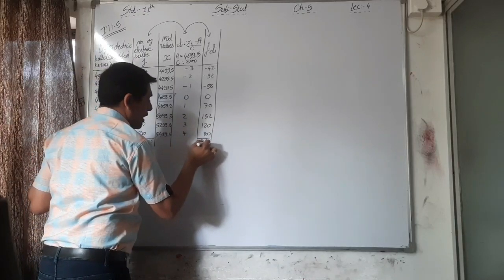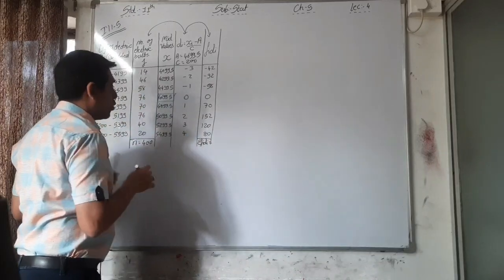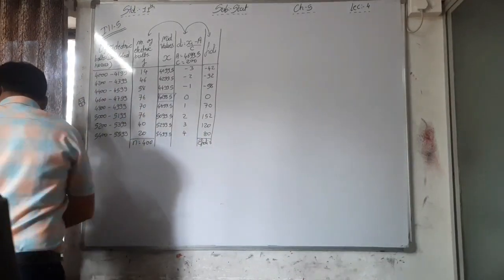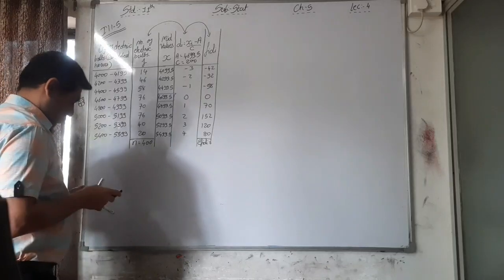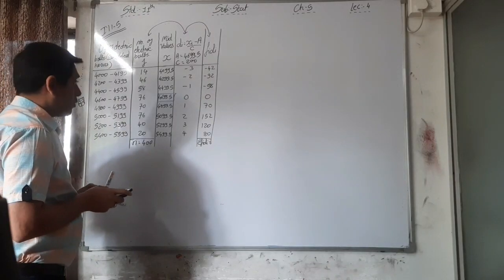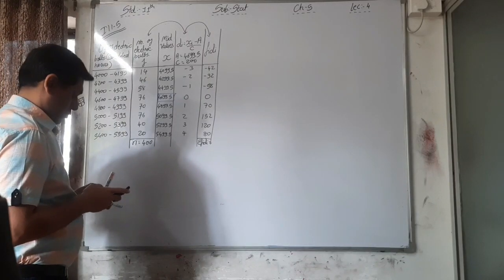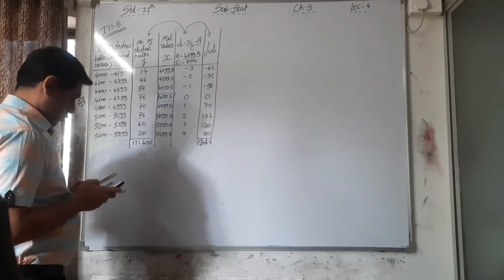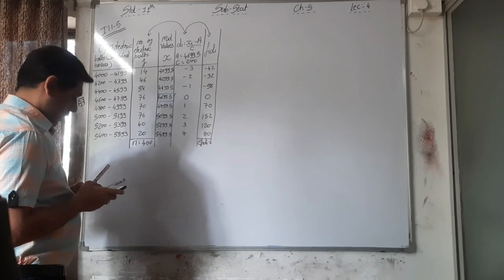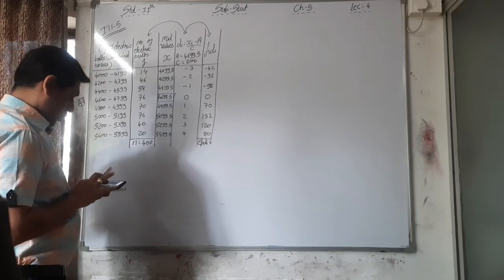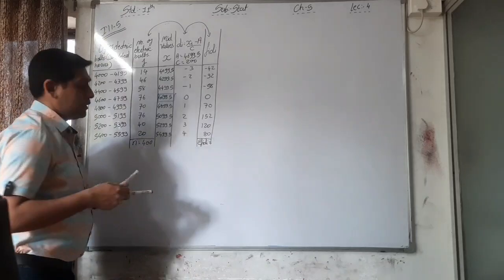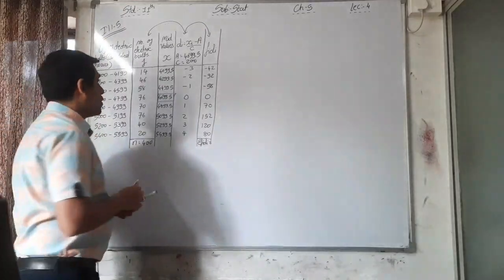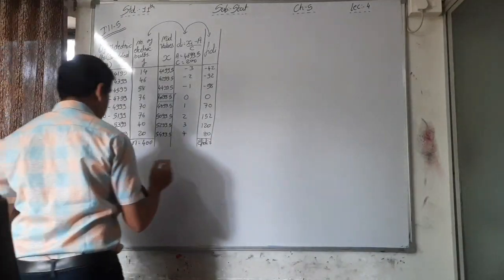Sigma fidi is equal to, make the total, -192 plus 70 plus 152 plus 120 and plus 80. So 230. Sigma fidi is equal to 230.